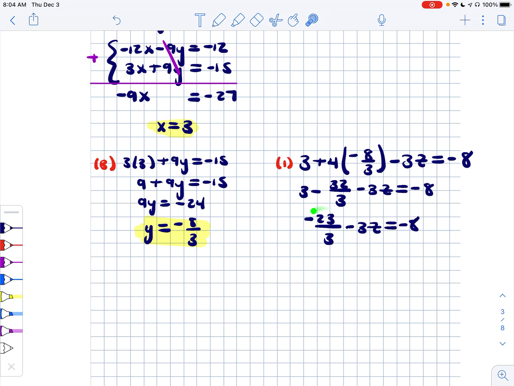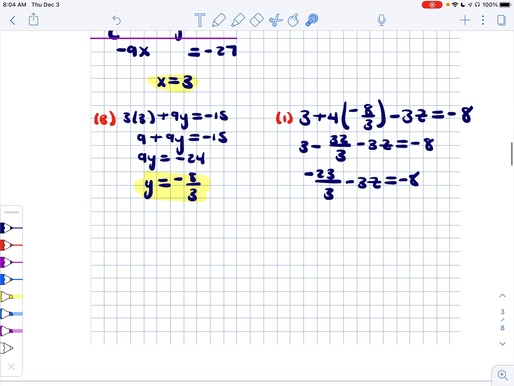Okay. Adding the negative 23 over 3 over to the other side, we would end up with negative 3z. So adding 23 over 3 to the negative 8, a negative 8 would be a negative 24 over 3, so that would come out to a negative 1 over 3.